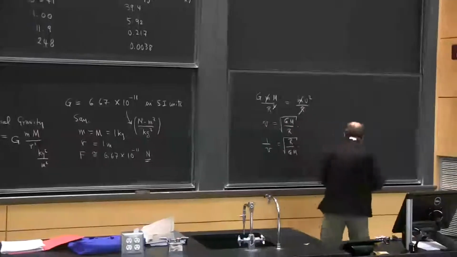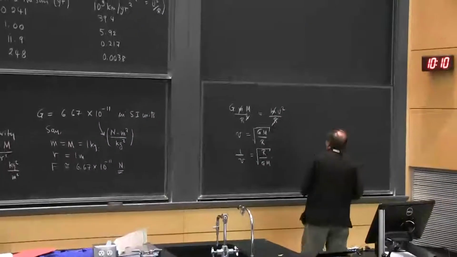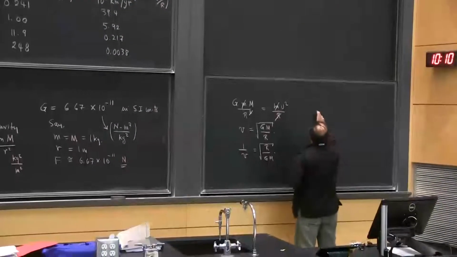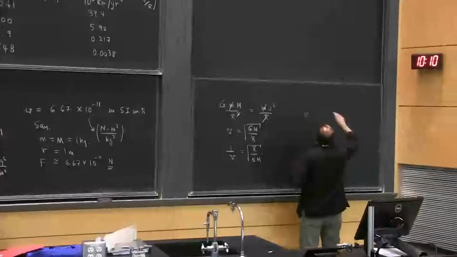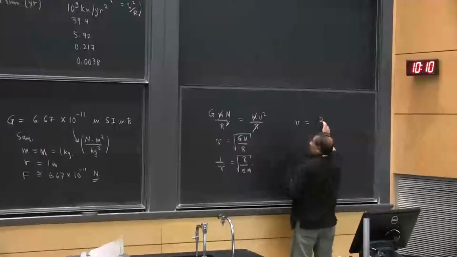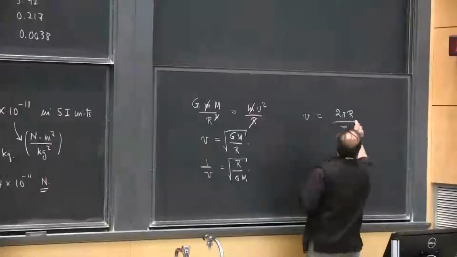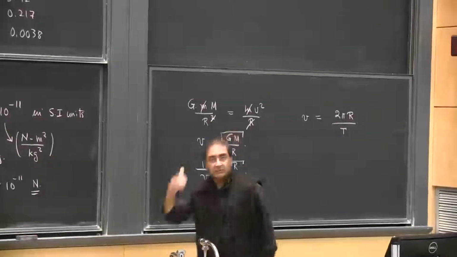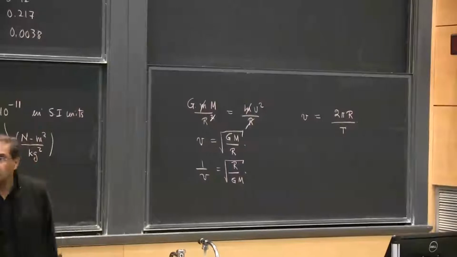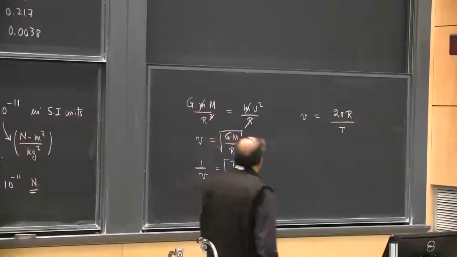Alright, now let's look at the period, because the period is very interesting. We know that the speed with which this thing is going around should be 2 pi r, the distance traveled, over the time period T. We know that from our baby days. We forgot that, shame on you.